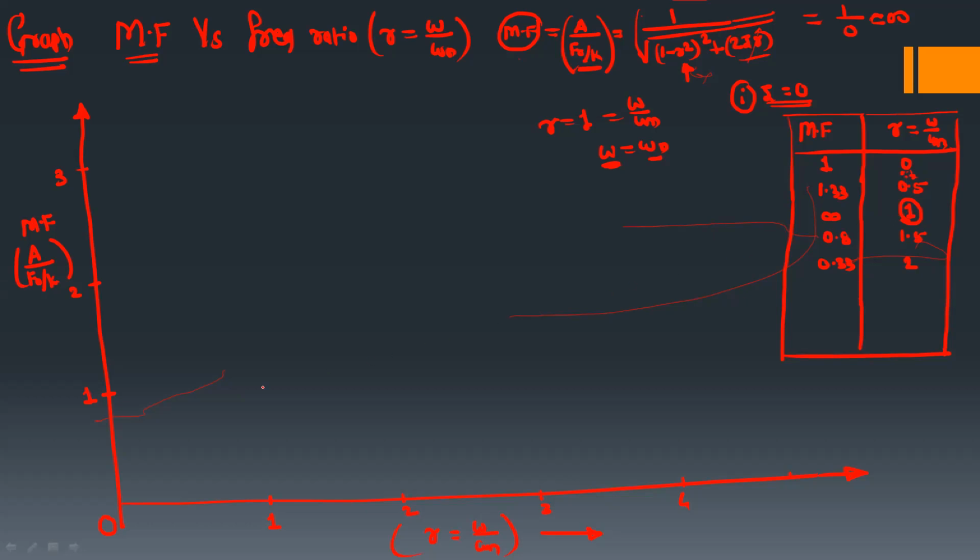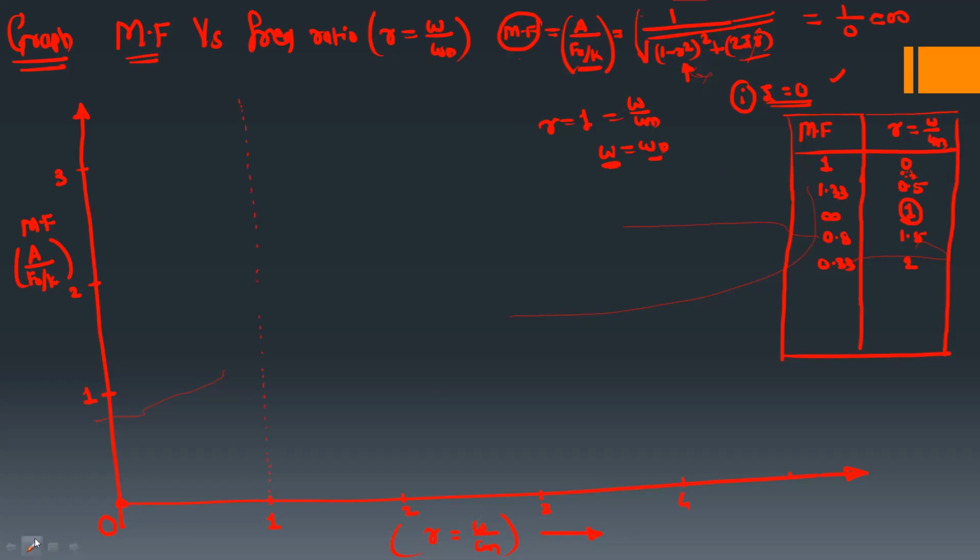Okay. So I will just plot the graph. So this one frequency, this is called as a resonant condition. So if the zeta is 0, only in this case, we will observe the infinite value of the magnification factor. So first value R 0.